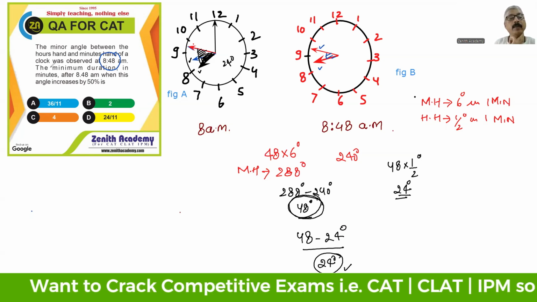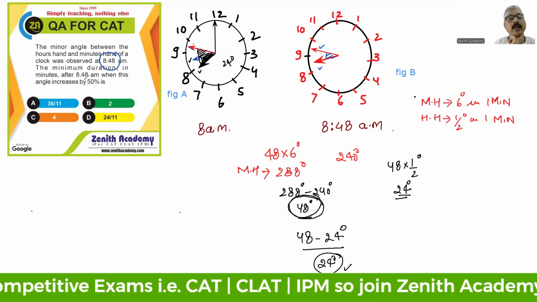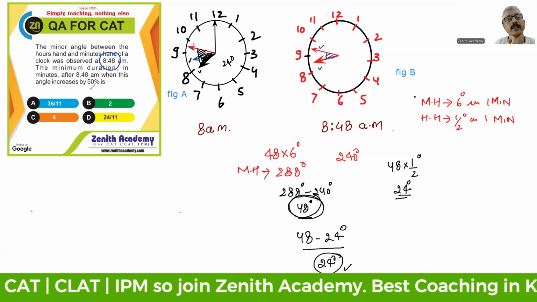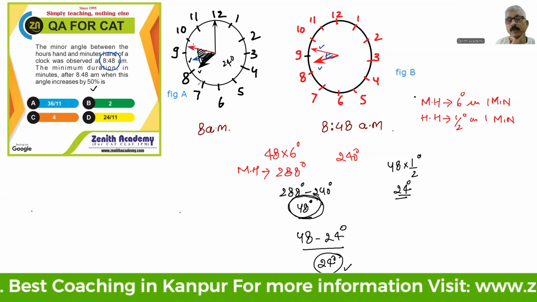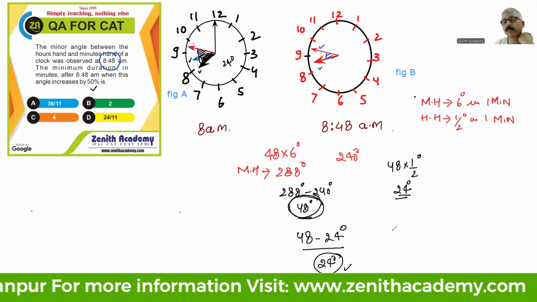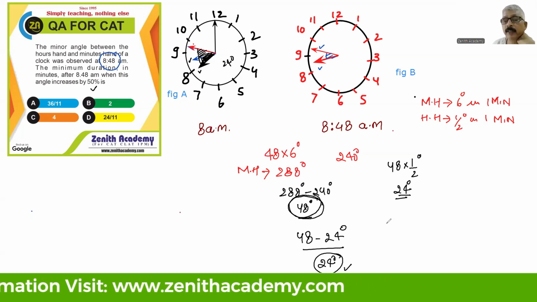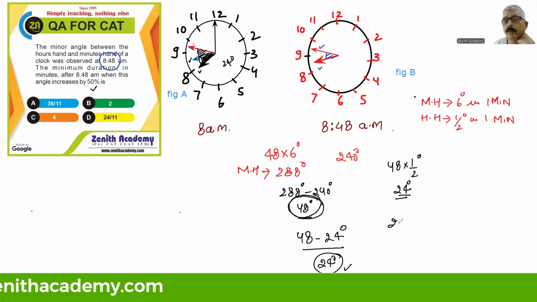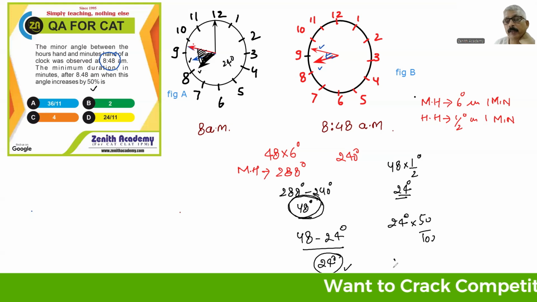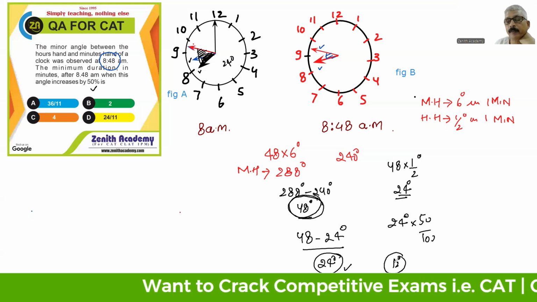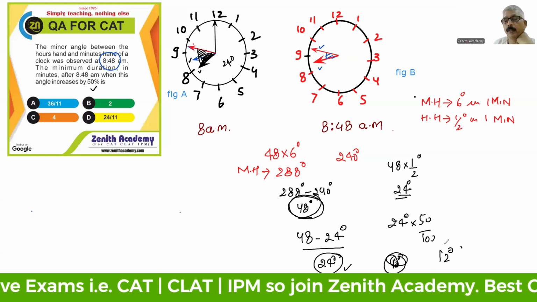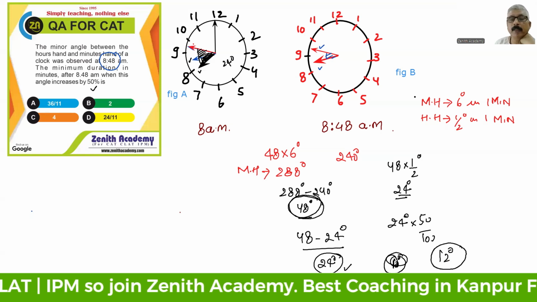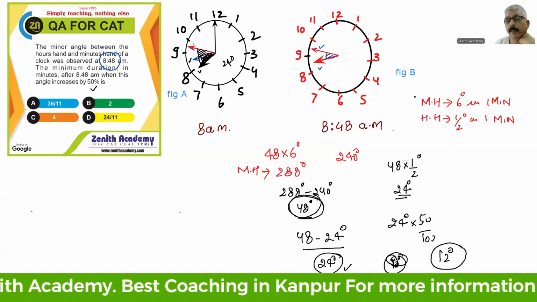Now, the question is the minimum duration in minutes after 8:48 a.m. when this angle increases by 50%. So right now it is 24 degree. So angle increases by 50% means the increase will be 12 degree. 24 degree ka 50% is going to be 12 degree. So in how many minutes will this 12 degree angle between minute hand and hour hand be maintained?